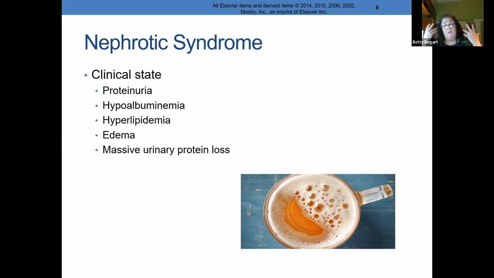So blood protein, proteins are leaving. So you are going to see all of those fluids coming out. And you might see that the urine looks like a foaming glass of beer, but it's that foaming, it's that protein that you do see in there. So, massive loss of protein. Well, if the intravascular space doesn't have protein, what's going to happen?